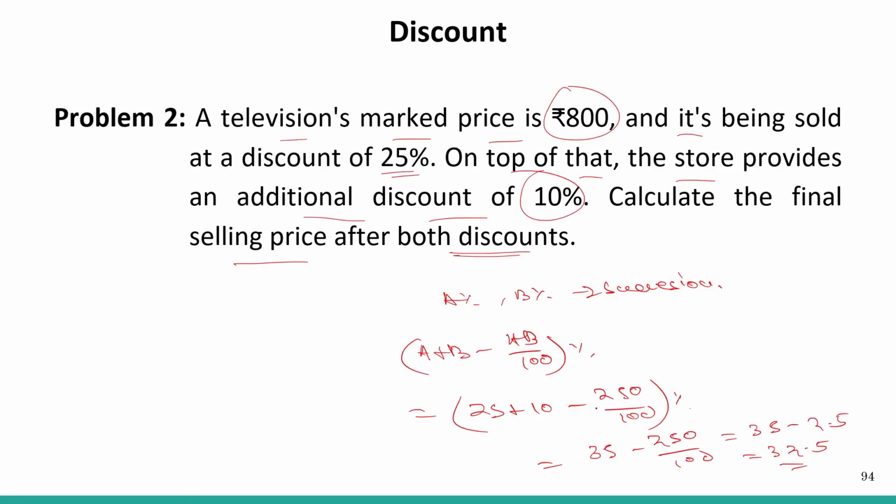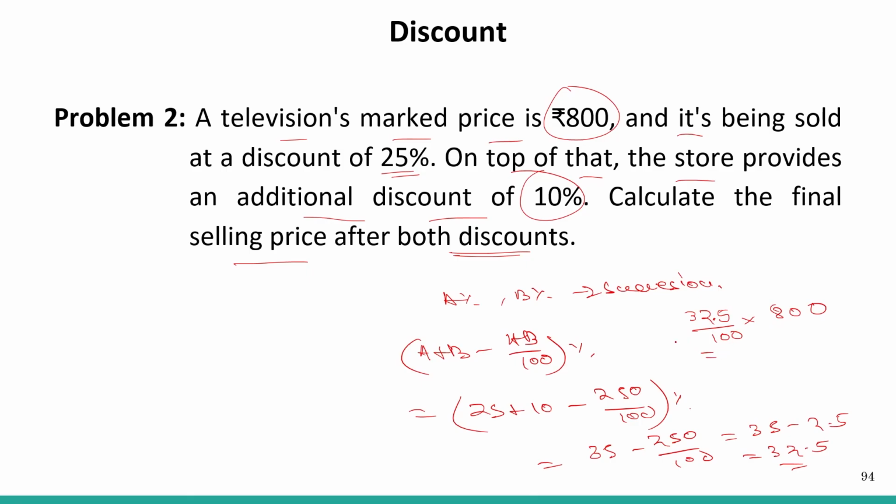If we apply this, the original price is 800. So 32.5 by 100 into 800 will give us the discount amount.